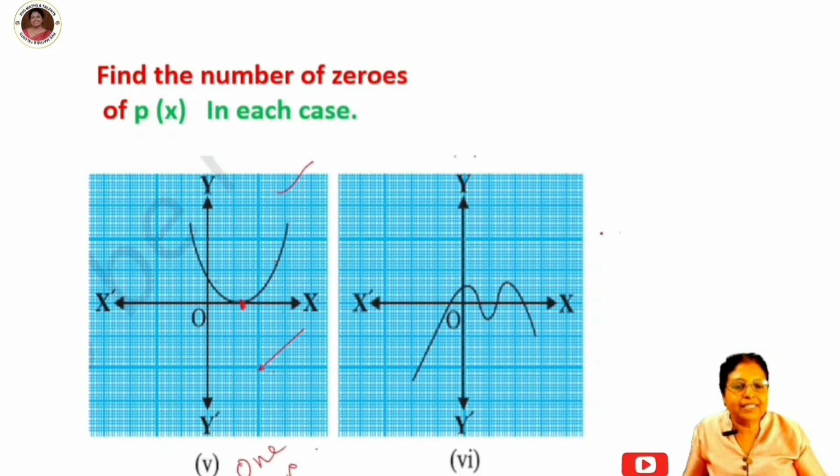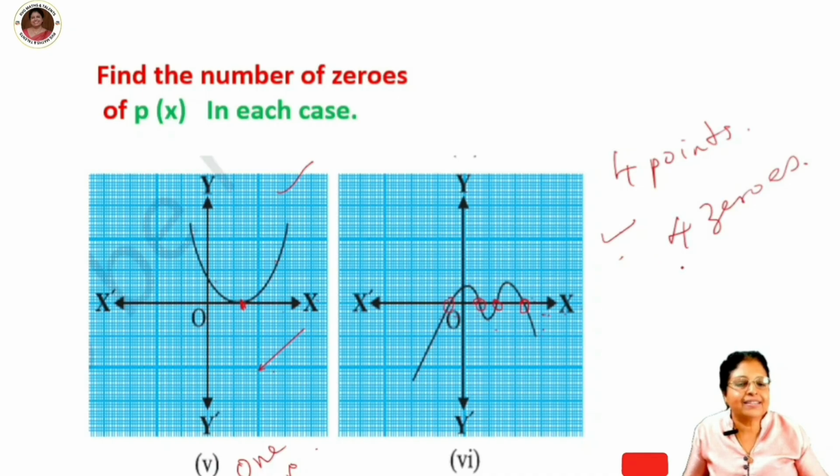Then what about this? Can you say? See, this point is an intersecting point. The graph intersects with the x-axis at this point, then at this point, then at this point, and at this point. That means this graph intersects with the x-axis at 4 points. Okay. That means 4 zeros.